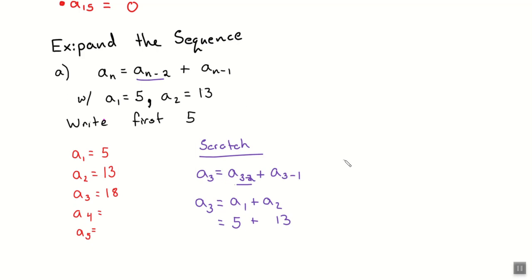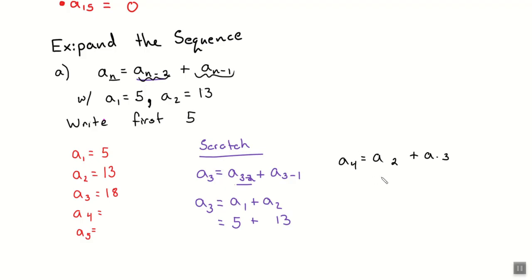If we're looking for a sub 4, this rule says take, what's 2 before this? 2 before a sub 4 would be a sub 2 plus, what's 1 before this? 1 before 4, because we're dealing with the fourth term, is 3. Because this rule says for any number, just take the 2 before term plus the 1 before term.